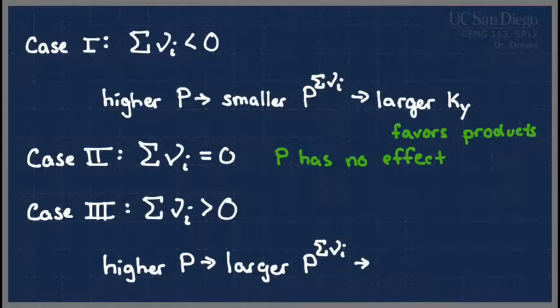So if the sum of the stoichiometric coefficients is positive, greater than 0, when you raise p to a positive number, that number gets even bigger, and therefore the Ky value gets even smaller. And so this one would favor the reactants.